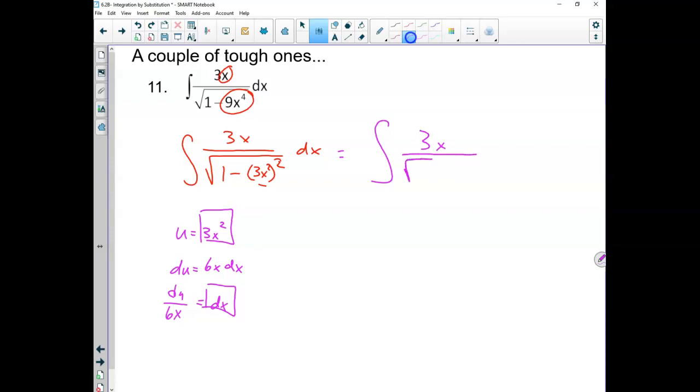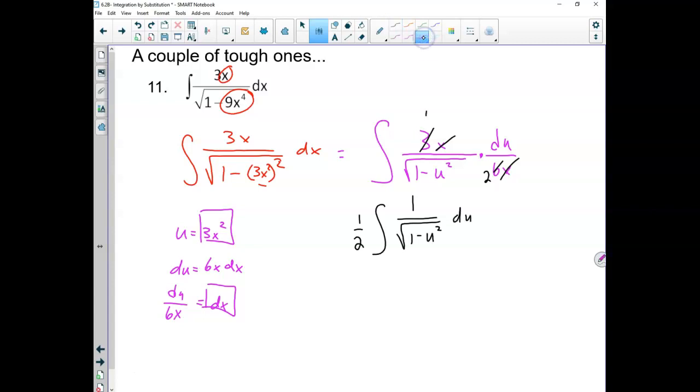I have a square root of 1 minus u squared, and then my dx gets replaced with a du over 6x, and remember that's multiplied. Because it's multiplied, that's the only reason I can reduce out this x and this x, and that 3 goes to a 1, that 6 will go to a 2. So I have a constant of 1/2 times the integral of 1 over the square root of 1 minus u squared du.